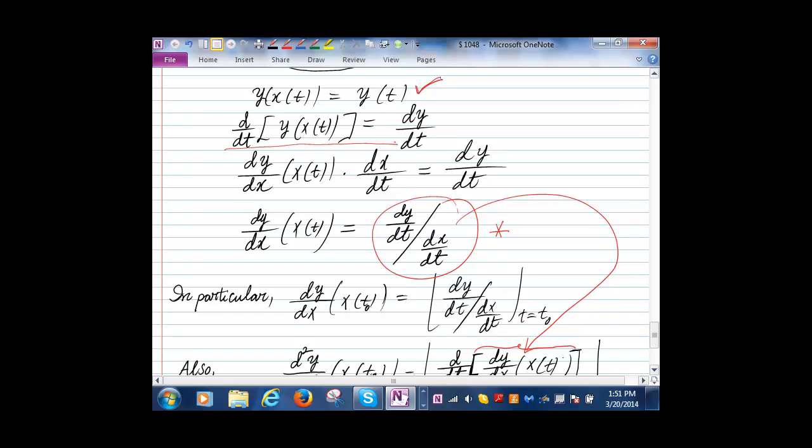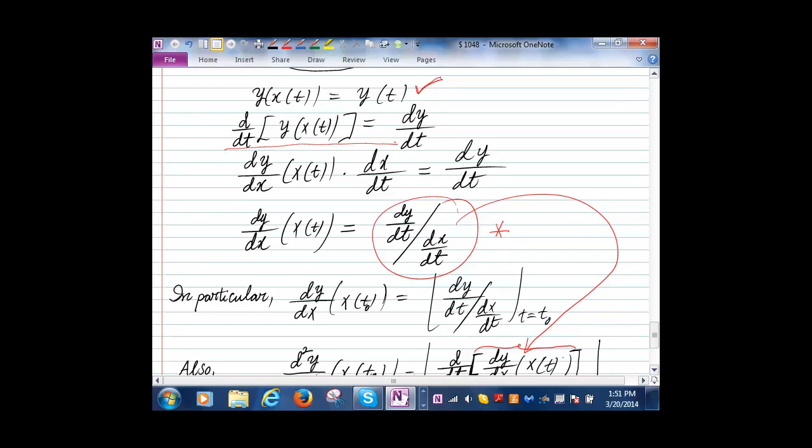So basically, we are viewing this as y is a function of x, and then x is a function of t, right? So I am taking the composition of these two functions, right? Right here.